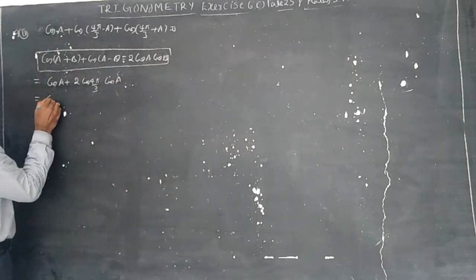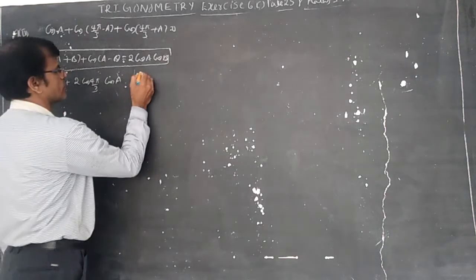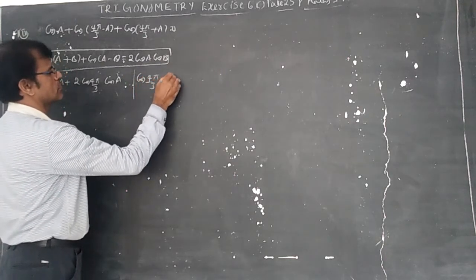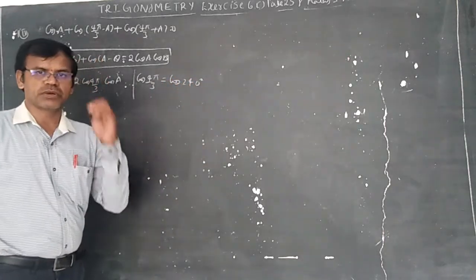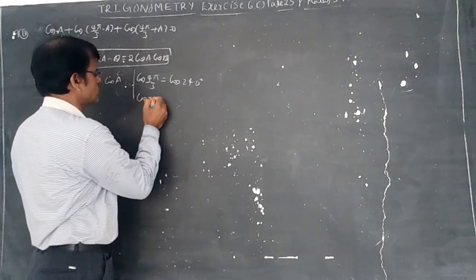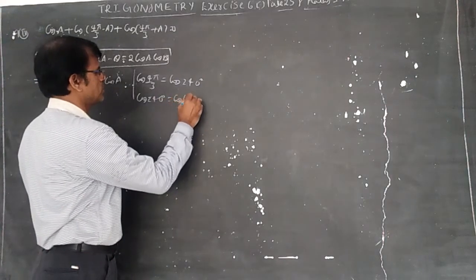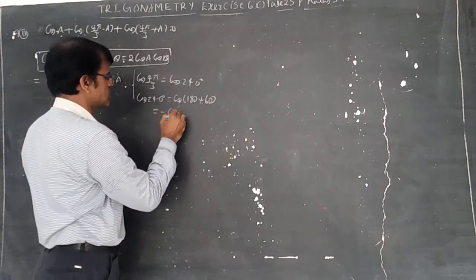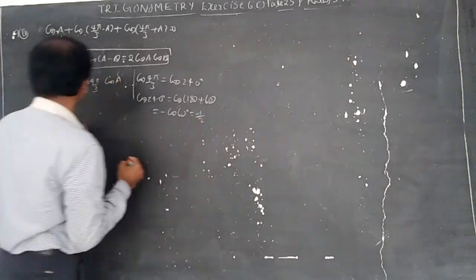That is equal to cos a plus, here cos 4 pi by 3 can be written as cos 240 degrees, because pi means 180, pi by 3 meaning 60. Cos 240 degrees is equal to cos of 180 plus 60, which gives minus cos 60, that is equal to minus 1 by 2.